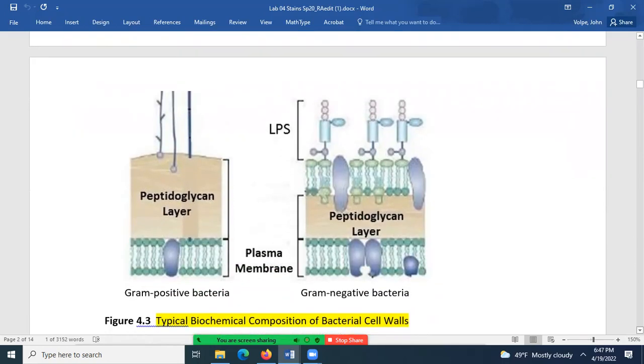So when we look at the gram-positive cell, we'll notice it has a plasma membrane right here, and then a very thick peptidoglycan layer being the cell wall, and peptidoglycan is the major molecule in the cell wall. In the gram-negative cell, peptidoglycan is the main molecule in the cell wall, but it's a much thinner layer.